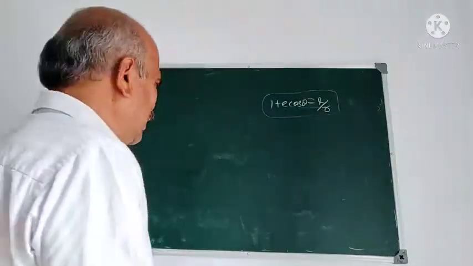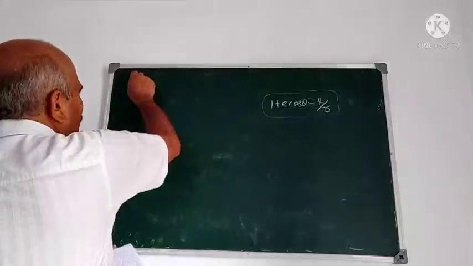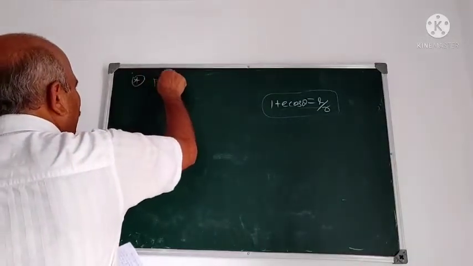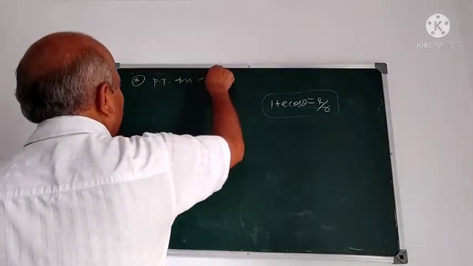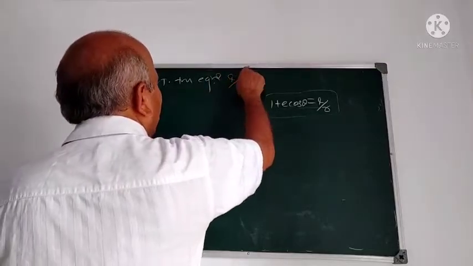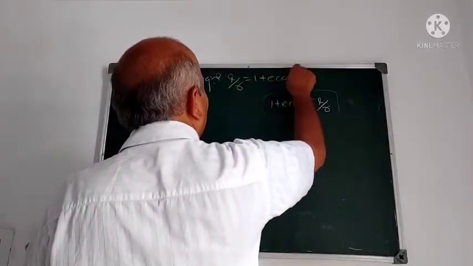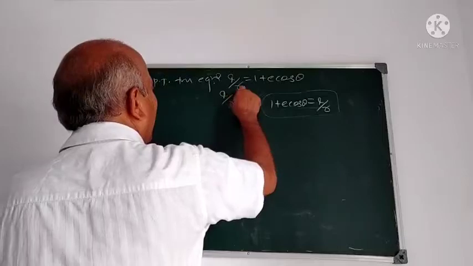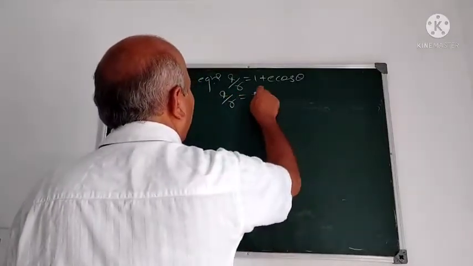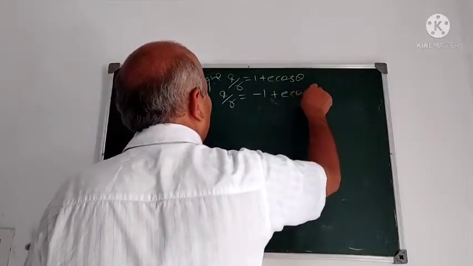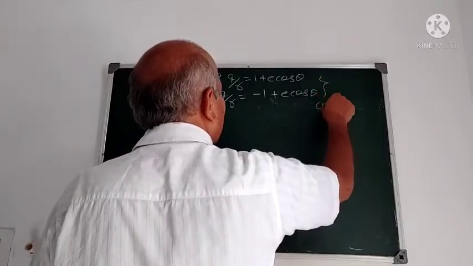Now first I go through some examples here. First is: prove that the equations l by r is equal to 1 plus e cos theta and l by r is equal to minus 1 plus e cos theta represent the same conic section.